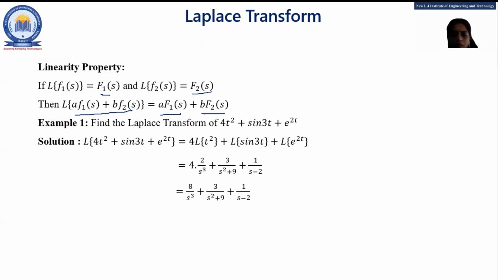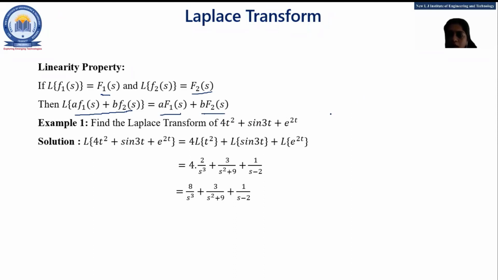Okay, so let's start the example for better understanding, and that is: find Laplace transform for t square plus sine 3t plus e raised to 2t. What does it mean? Here they asked to find the Laplace transform for three functions, right?